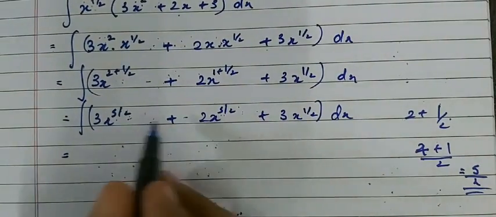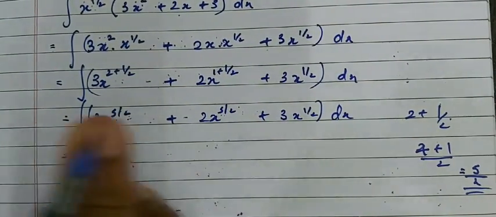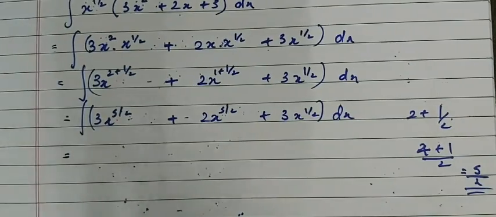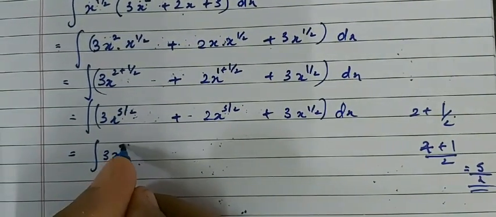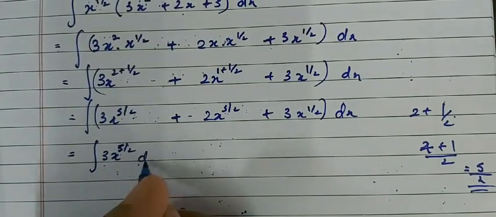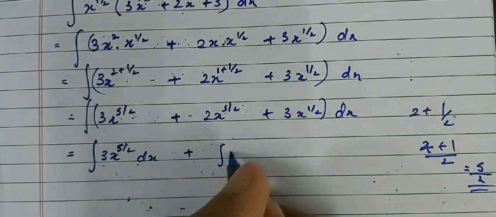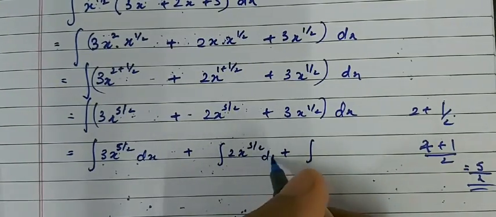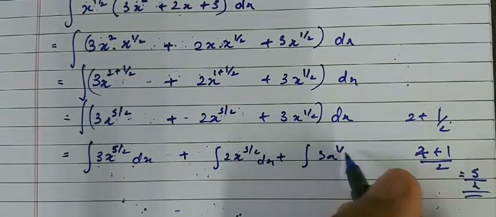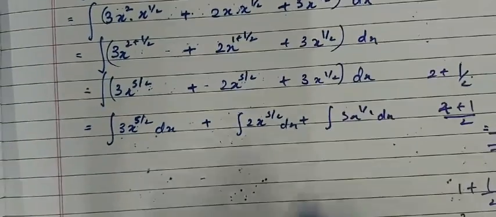Now we have plus in between, so we can split and assign an integral sign to each of them. So the integral of 3x raised to 5/2 dx plus the integral of 2x raised to 3/2 dx plus the integral of 3x raised to 1/2 dx.